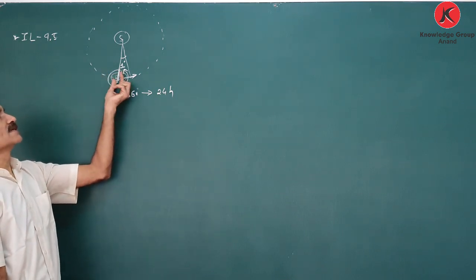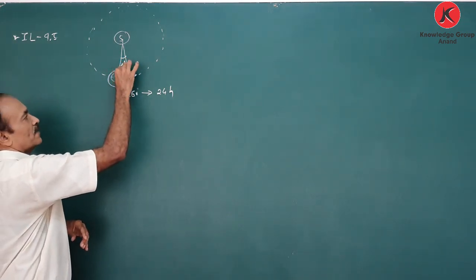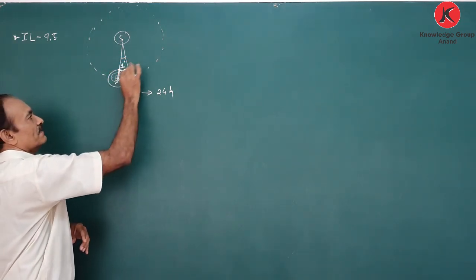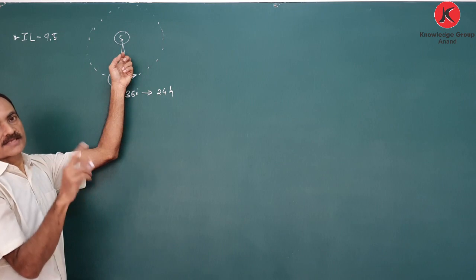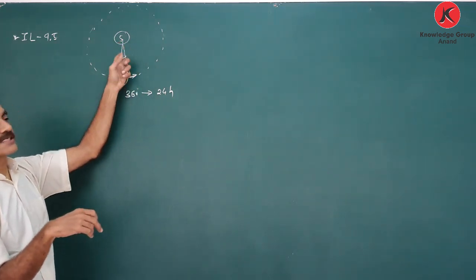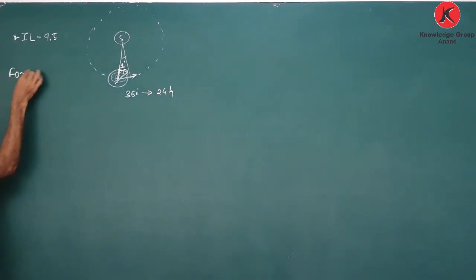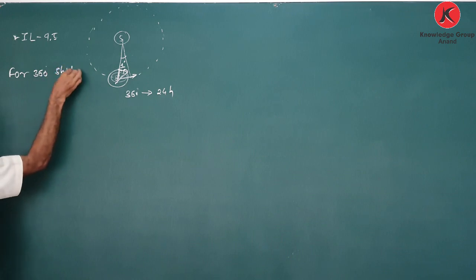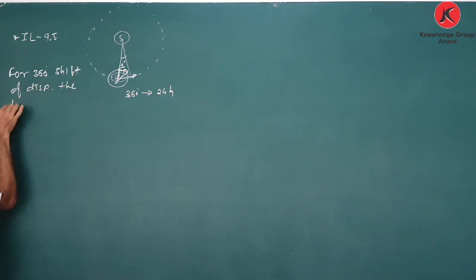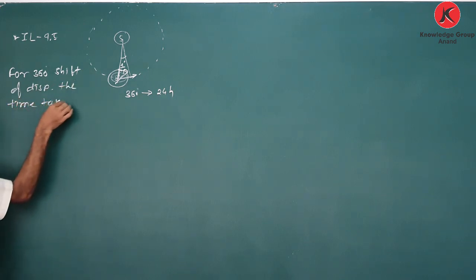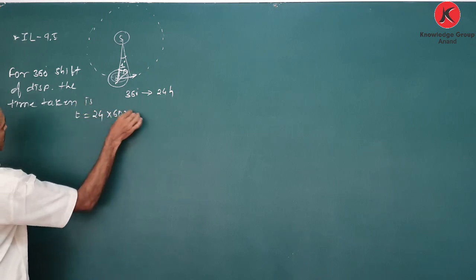We are observing the sun from the surface of the Earth. So the Earth is rotating, therefore the surface of the Earth is moving, and the shift of the sun is 1 degree. How much time is taken by the sun for a shift of 1 degree? For a 360 degree displacement, the time taken is T equal to 24 hours into 60 minutes.